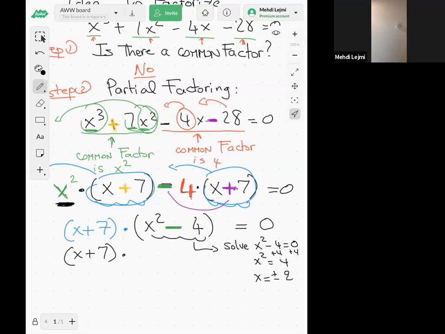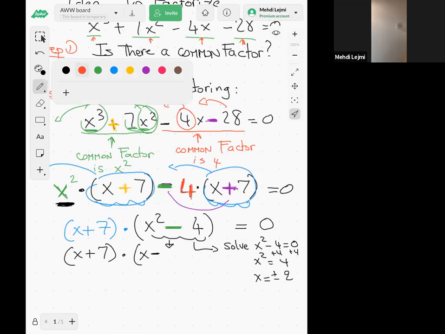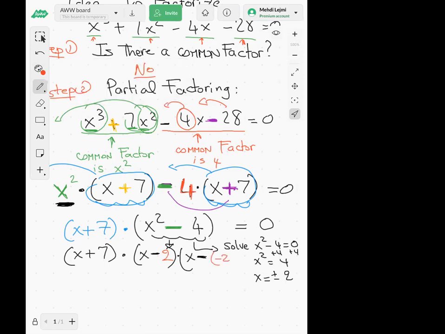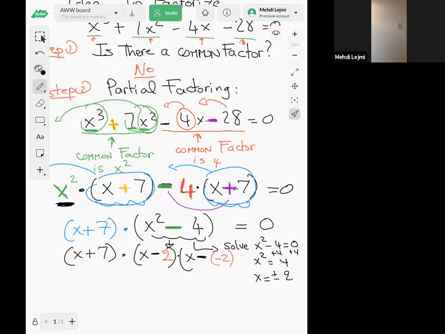So now, how do you factor this x squared minus 4? That would be x minus my first solution, so it's x minus 2, times x minus my second solution. My second solution is negative 2, so it's x minus negative 2, equal to 0.